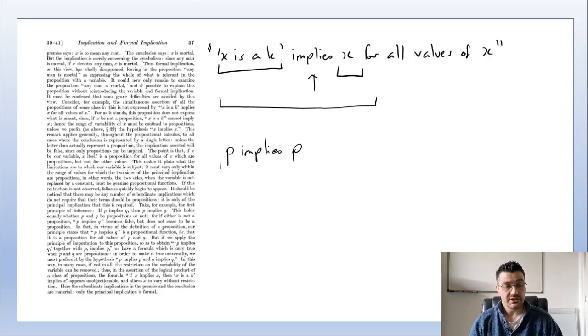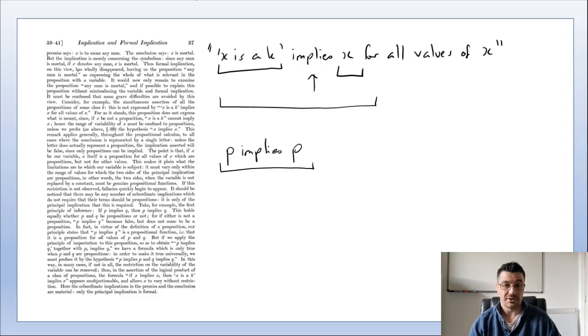Then this implication will only be true in the case when P is a proposition. If P is not a proposition, remember P here is a variable just as much as X is. We've written P, it might be suggesting that we're intending P to be understood as a proposition. And that might be what we've got in mind, but P is still, for all intents and purposes here, a variable, and we can allow P to range over any terms that we want.